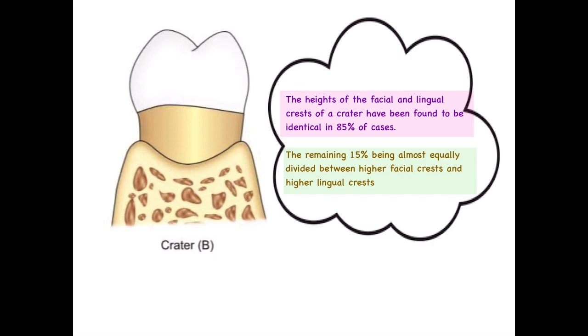In the same diagram, you can show that in 85% of the cases the height is identical, whereas in the remaining 15% of the cases the facial height may be more, and in some cases the lingual height could be more. So this is all you need to describe. For 3 marks, at least you need to write a one page answer, so you need to describe such points in detail.